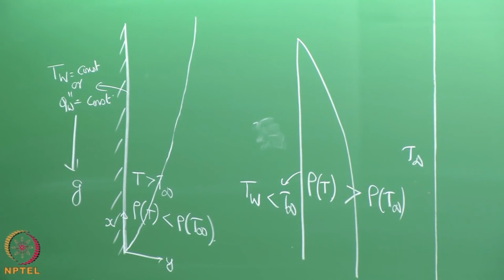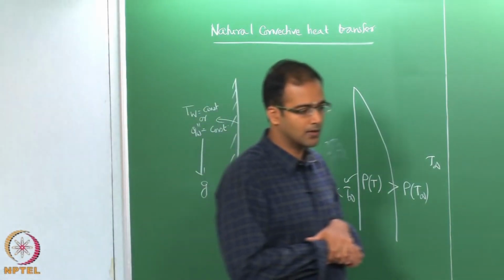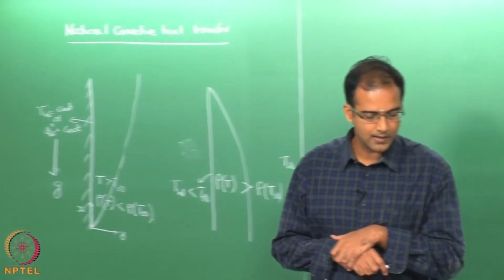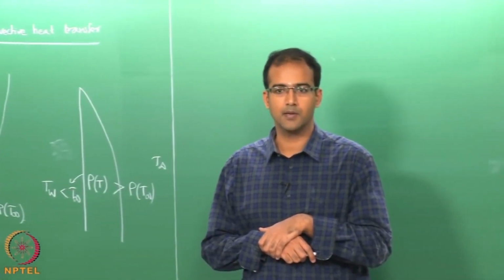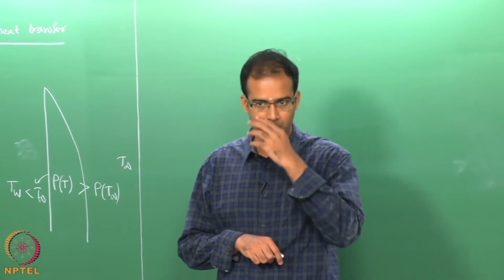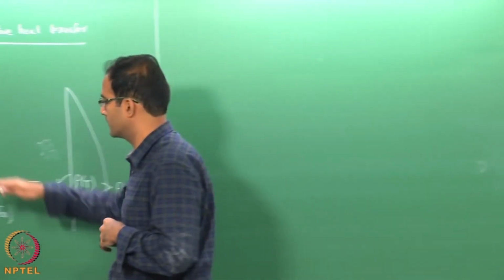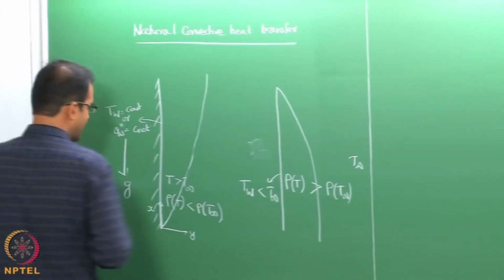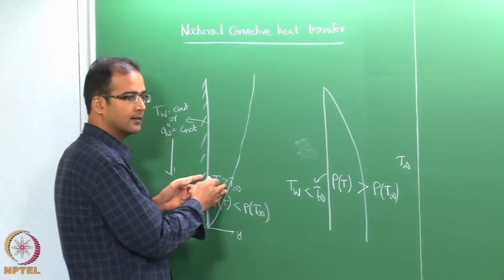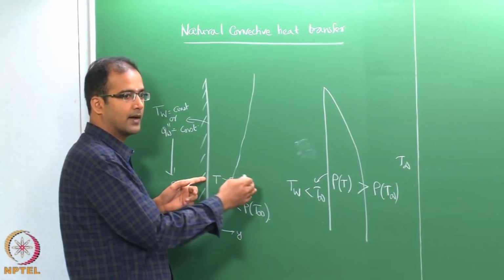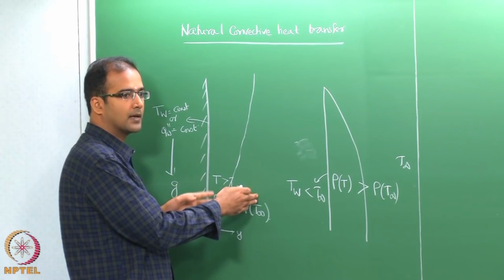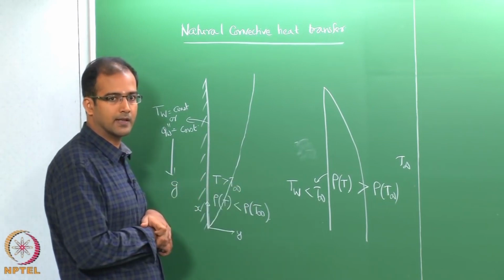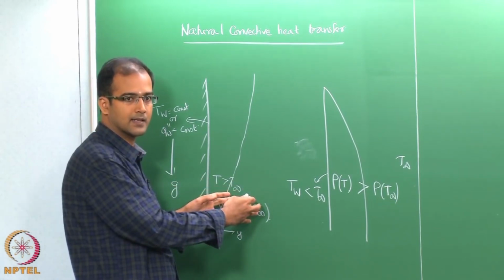Okay. So, now if you want to represent how the velocity and the temperature profile varies at a particular x location for this case. Unlike the case of external boundary layer, where outside you have a bulk motion u infinity, in this case this is completely stationary air.